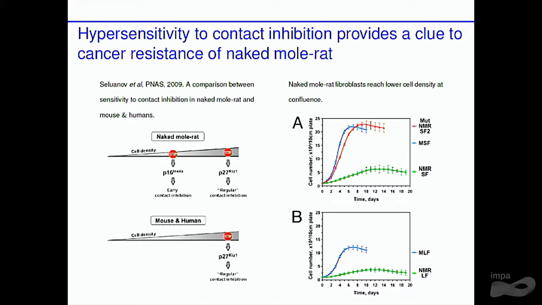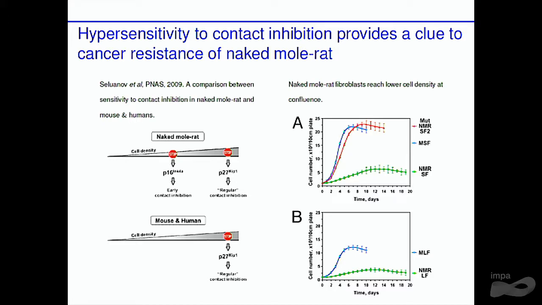What's the difference at the genome level? The difference between the two species of rats is that the naked mole rat has this gene P16, which is not here for human or mouse fibroblasts.